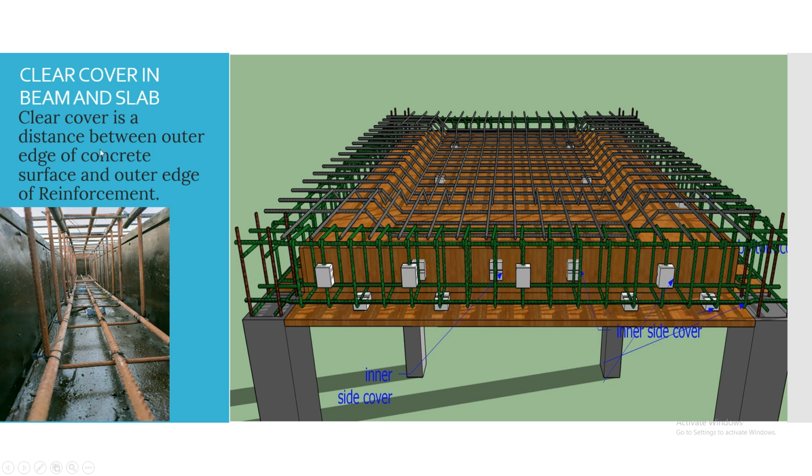As you can see, the same definition, no change. It is the outer to outer distance between the bar and the concrete surface. You can see here this is the concrete surface, and this is the outer edge of the bar.